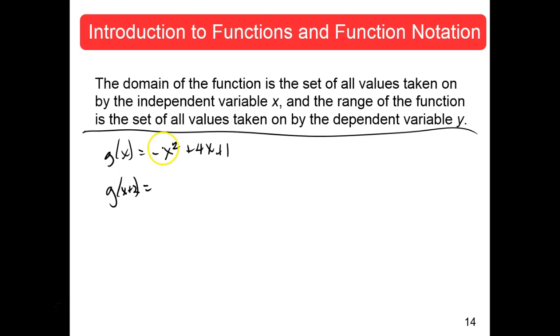Everywhere you see an x, you put the minus sign first, and then you put x plus 2, then the squared, plus 4 times x plus 2 plus 1. Got it. Now you got to do the math, right?